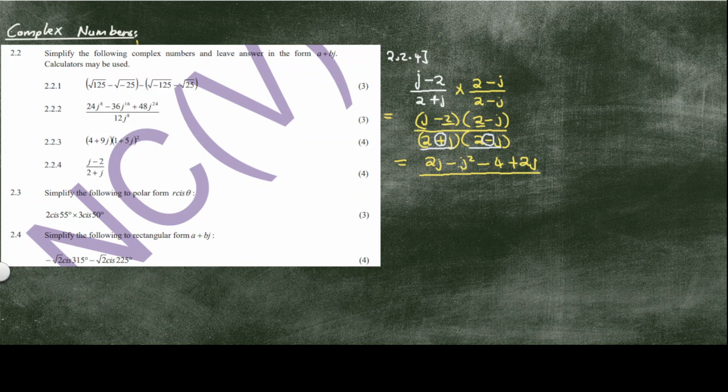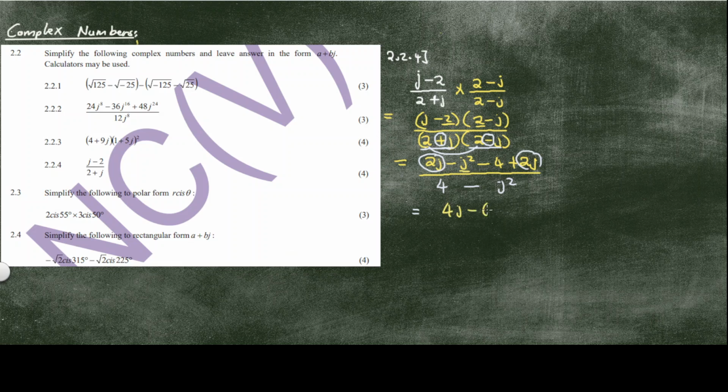Now, use the difference of squares instead of foiling. But I'm not saying do not foil. You can foil, but it saves time to just do this. You take 2 times 2, you get a 4, and the positive j multiplied by that minus j, you get a minus j squared, like this. Then this and this combined gives us 4j.